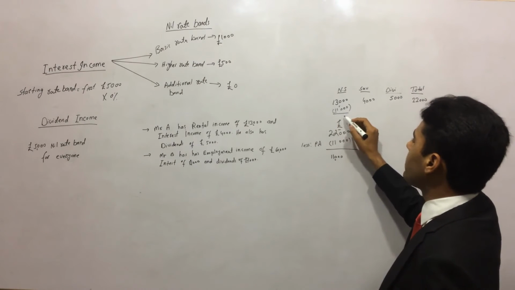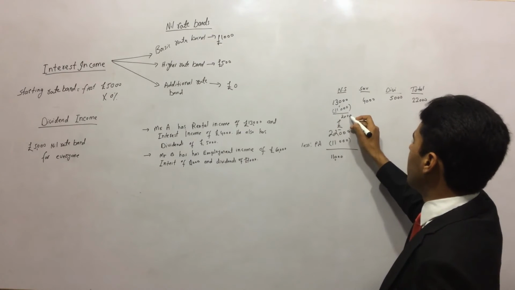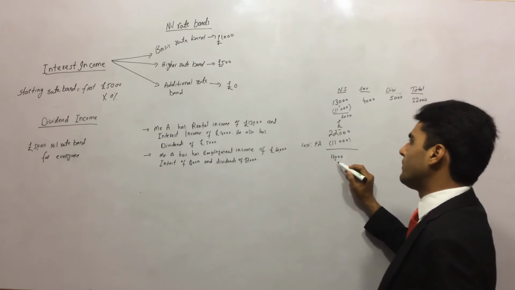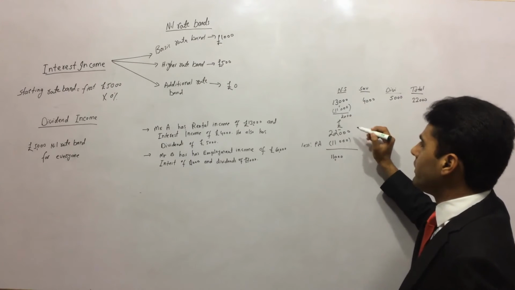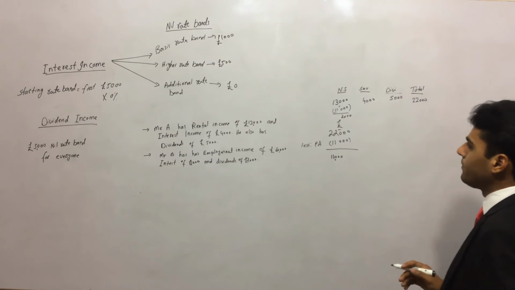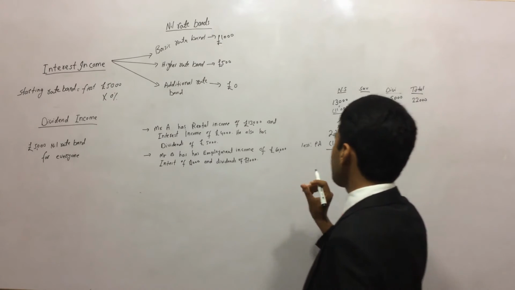If I deduct, it will be £2,000 remaining out of the non-savings income. Now in this £11,000, I have £2,000 of non-savings income, £4,000 of savings, and £5,000 of dividend income. So that is my taxable income.